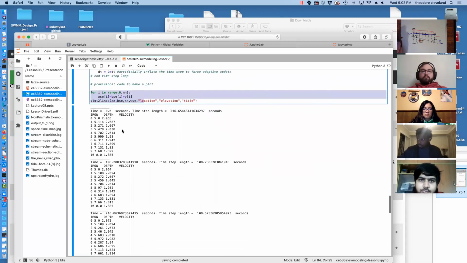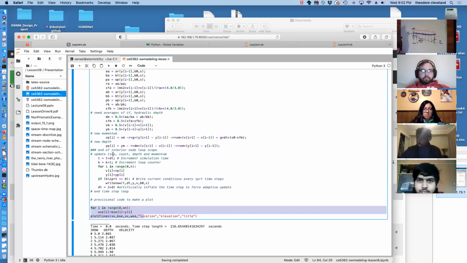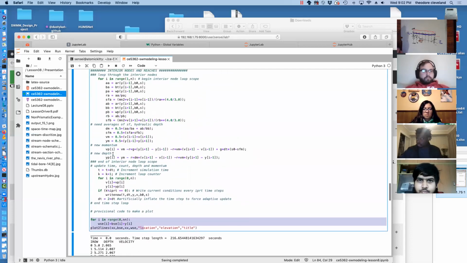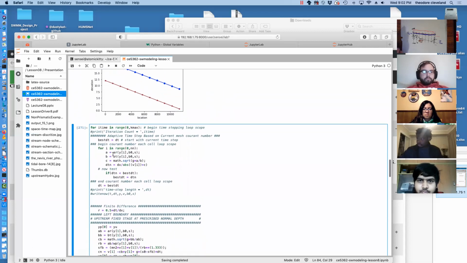So I'll go ahead and run this. So here's what the output we should get, unless I've buggered something up. So we start at time 0, and that is not correct. Oh, I know, because I've actually restructured the code.